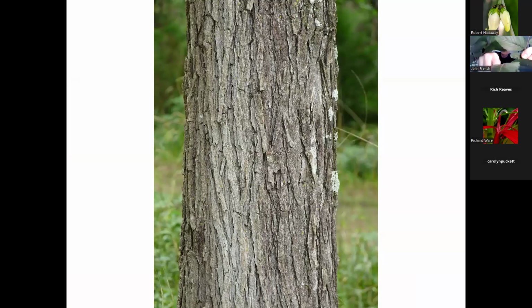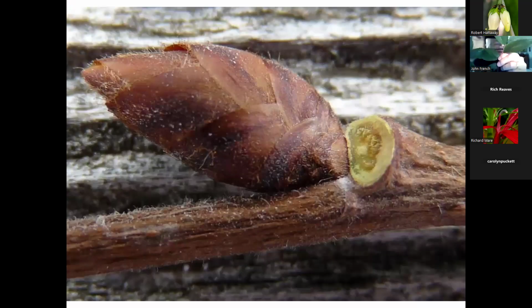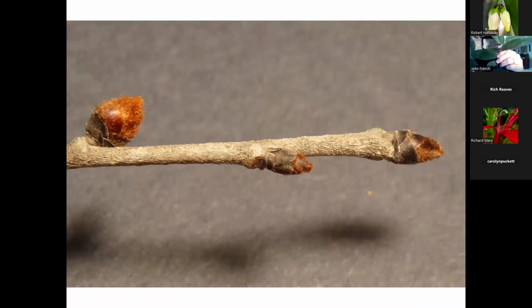No, these are smooth on new growth, and not winged either. If I take my hand lens, I can see pubescence. So it's not scabrous per se, but it's pubescent. The scabrous feature is the upper leaf surface. That is unmistakable.